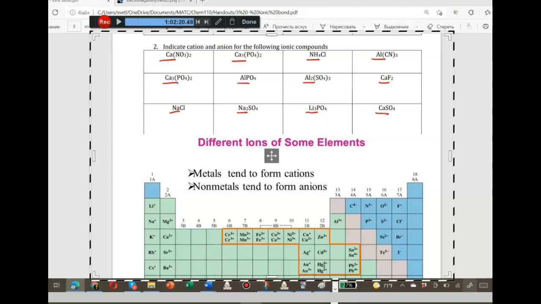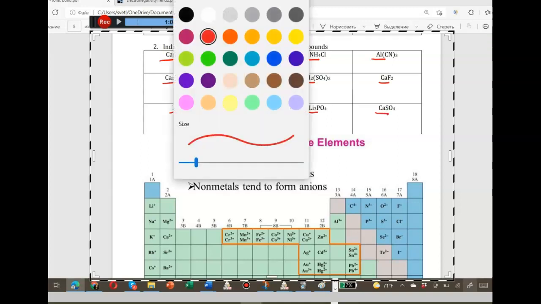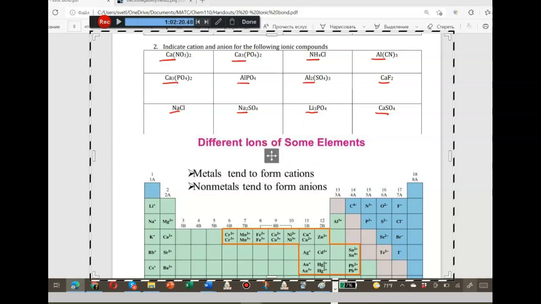Okay, and anions are at the end, so I will use another color. These are cations, anions. I'm sorry, anions.